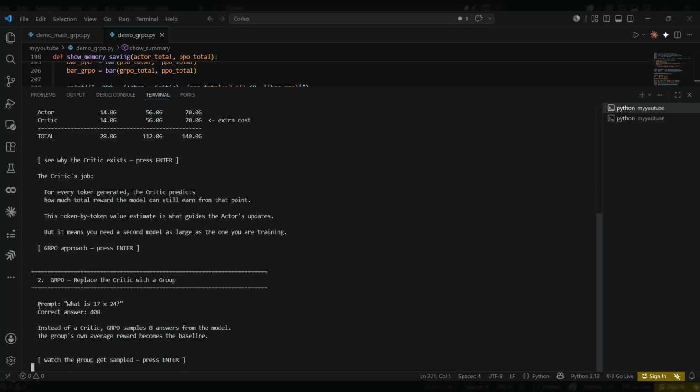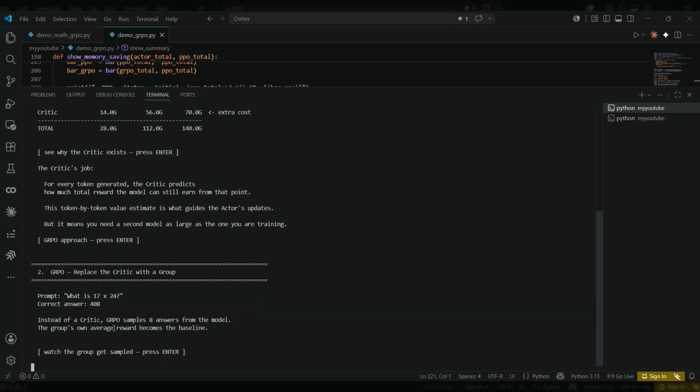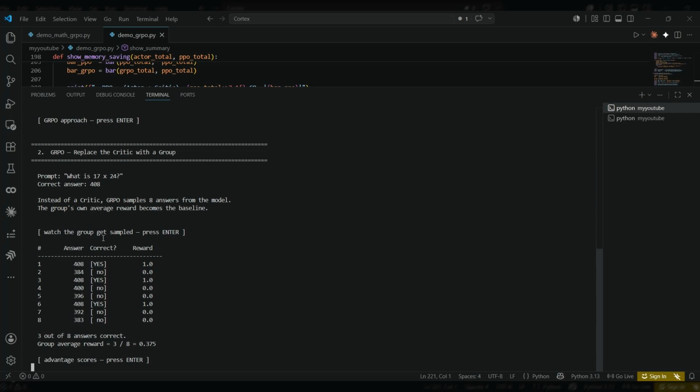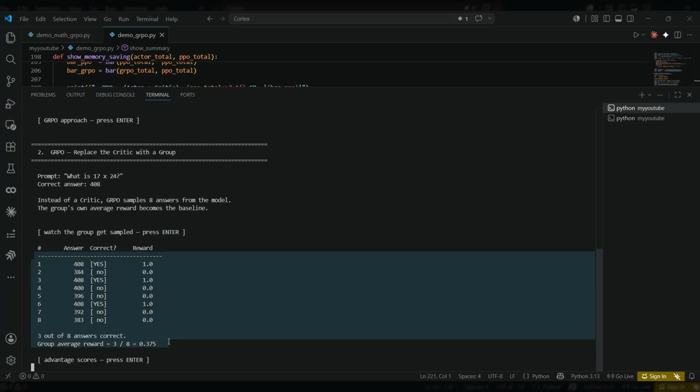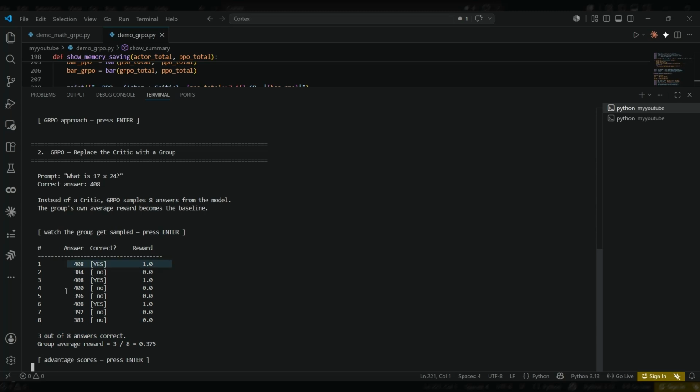So there's a prompt and there is an answer, and GRPO samples 8 answers from the model. So there are 8 answers. These three are correct, so they will be given a reward of 1, else 0. In the case of logical reasoning, the rewards can range between 0 and 1.